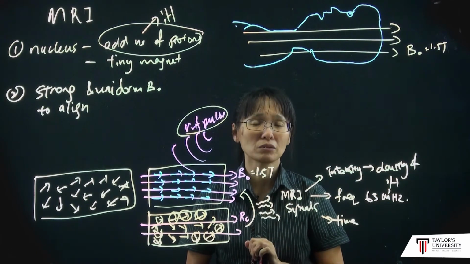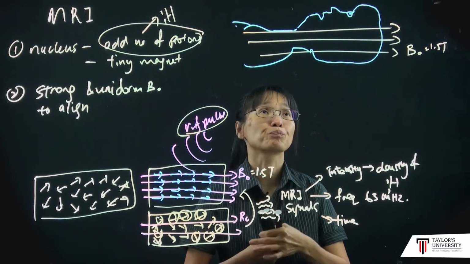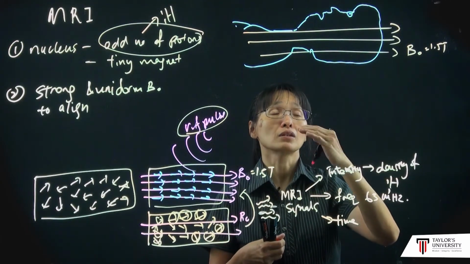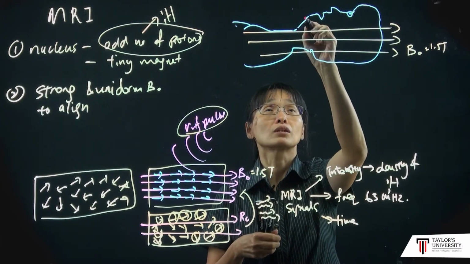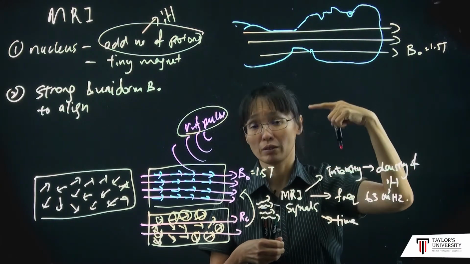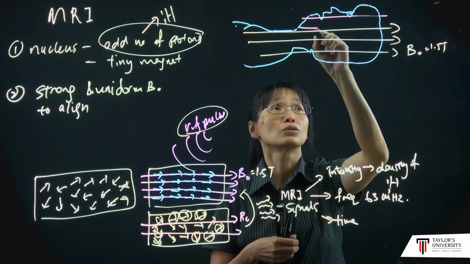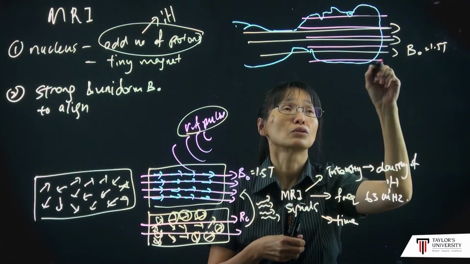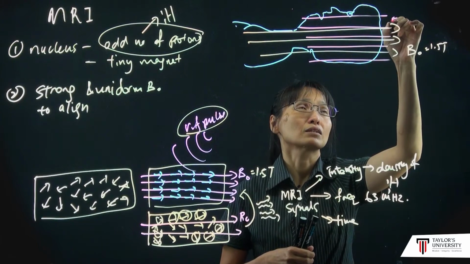And on top of it, we actually impose a magnetic gradient to differentiate the body. So you can apply the magnetic field gradient along x direction. That means you actually divide our brain or head into these slices.